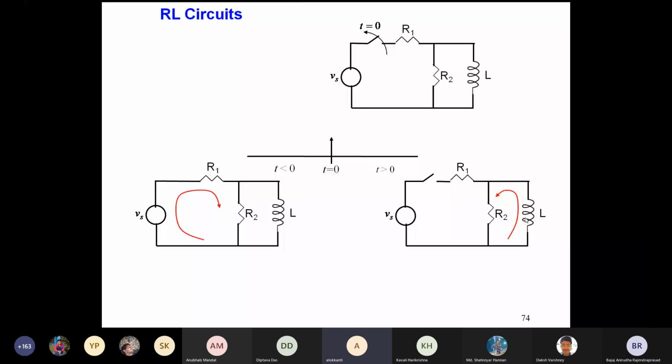So the inductor will result in still some possibility of current flow into the circuit because of its capability to store energy. It is not exactly like a battery source, but it has some capability. We'll actually solve numericals, finding out the currents by this type of effect.